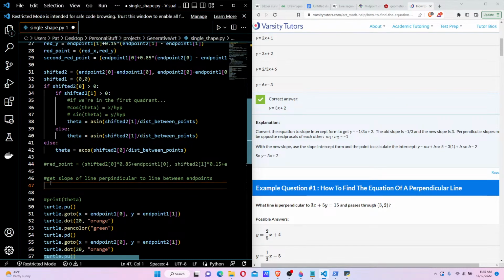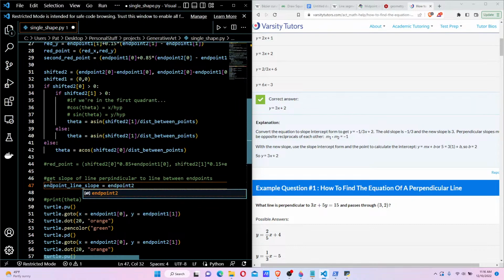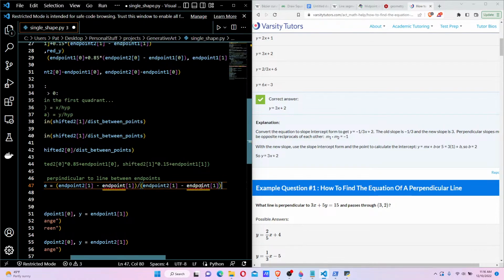No. Okay. So the endpoint line slope is equal to just the difference between the y's divided by the difference between the x's.